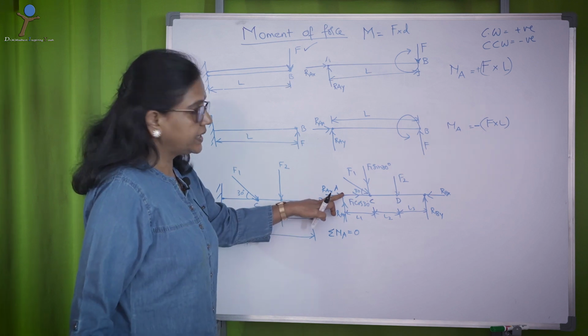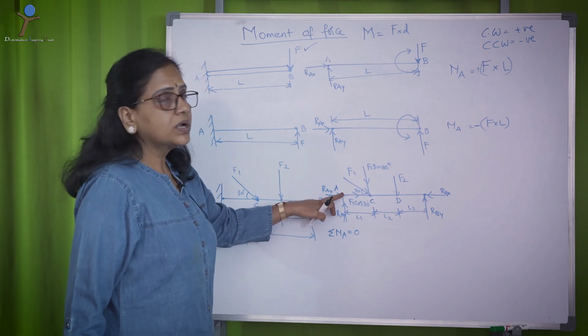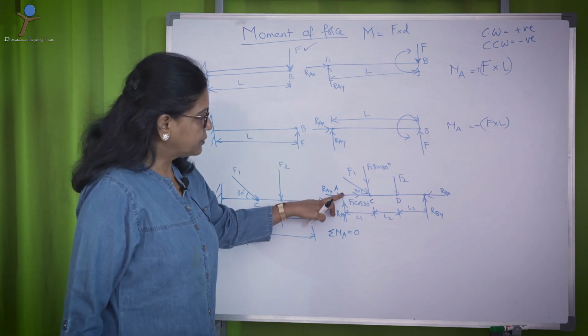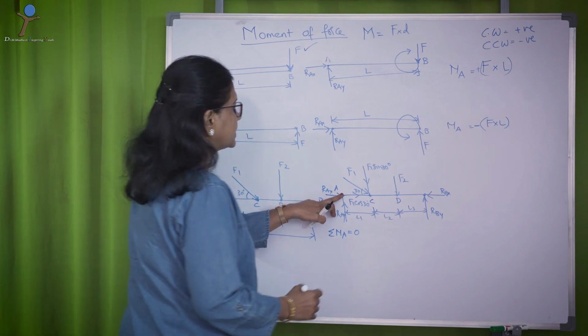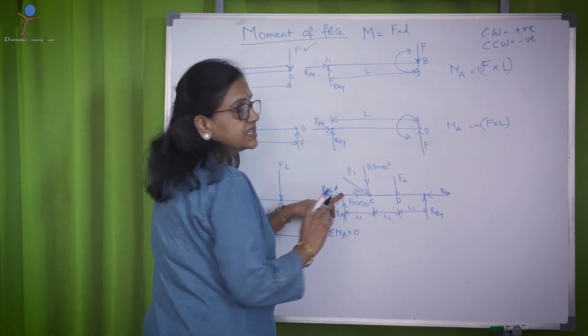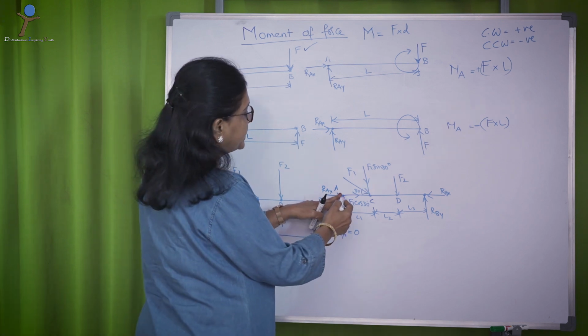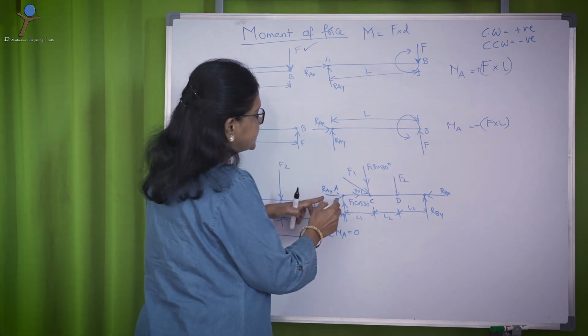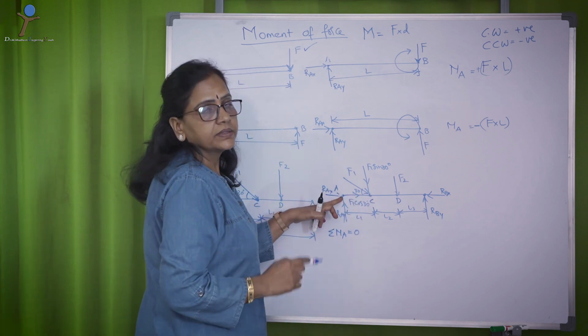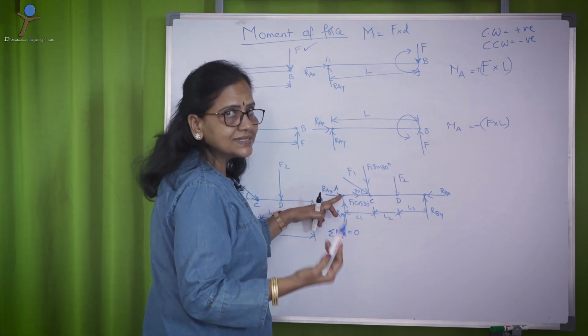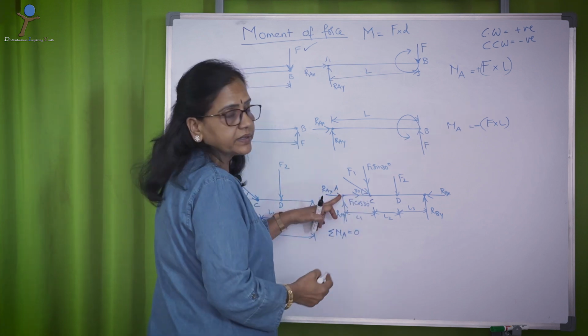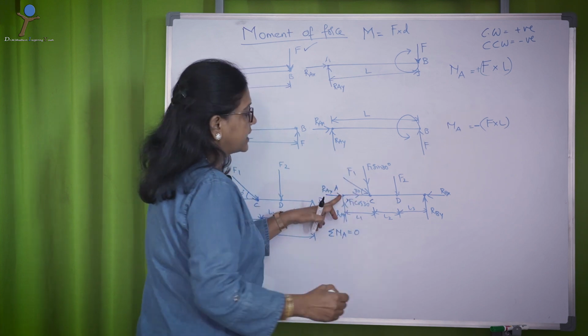I am taking moment about A. Now, what are the forces that contribute to the moment about A here? F1 cos 30 degrees does not cause any moment about A because it is lying on the same line. That means there is no perpendicular distance to cause the moment. So, this does not cause any moment.